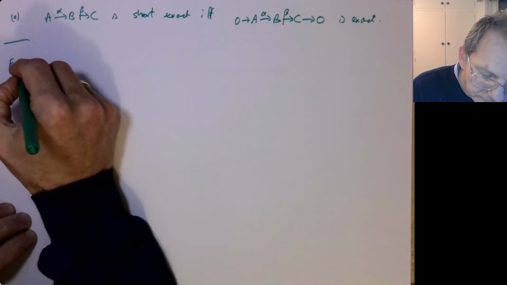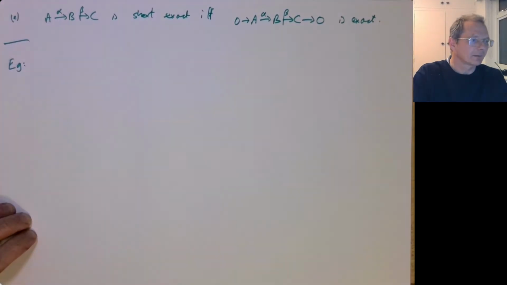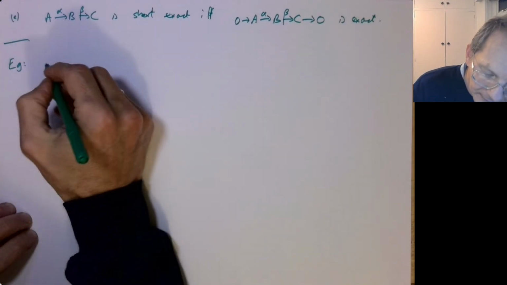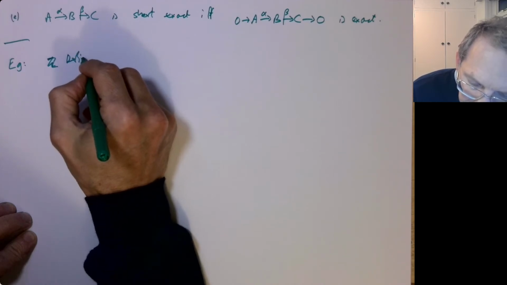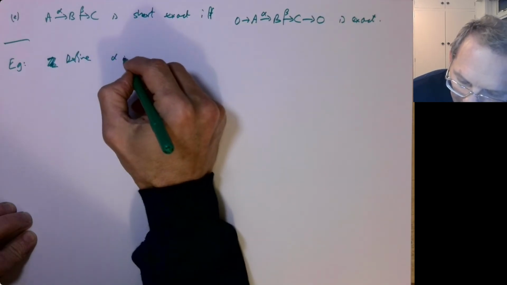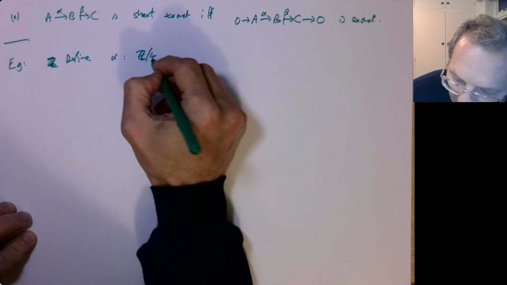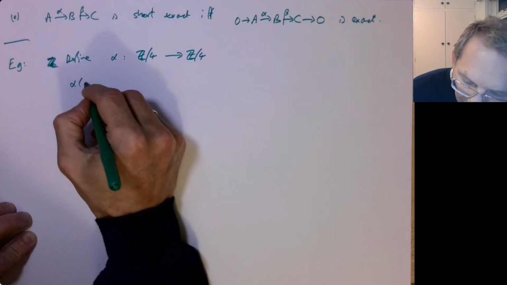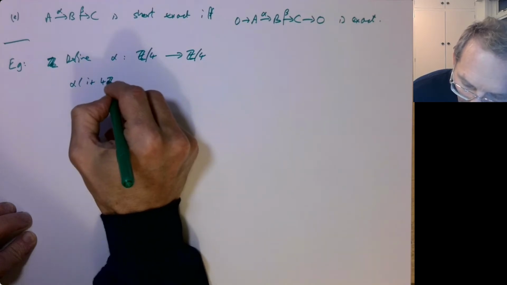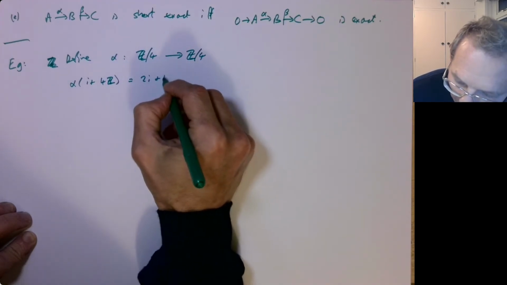So we'll just have one more example about exactness here. Define alpha from Z mod 4 to Z mod 4 by alpha of i plus 4Z is 2i plus 4Z.